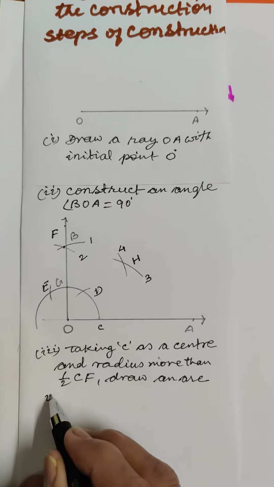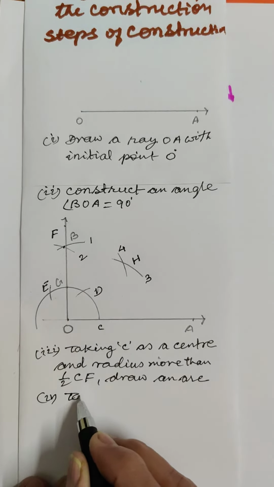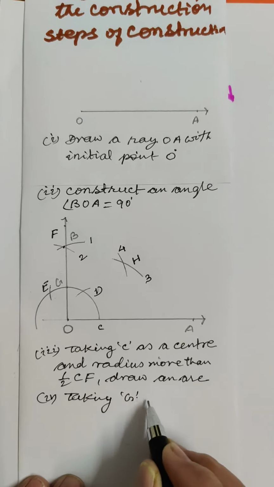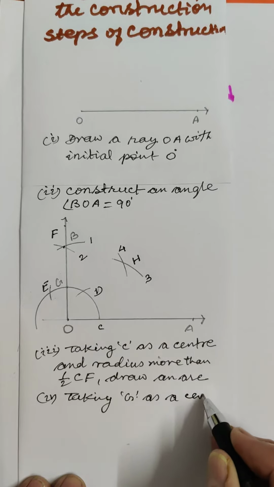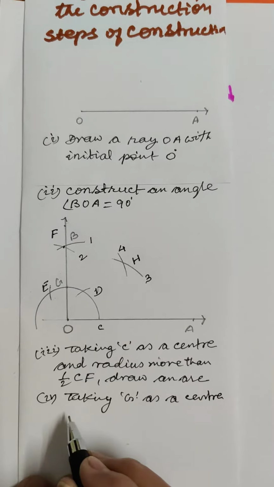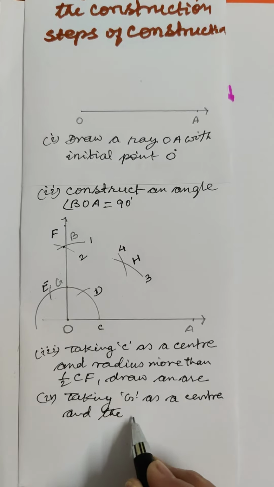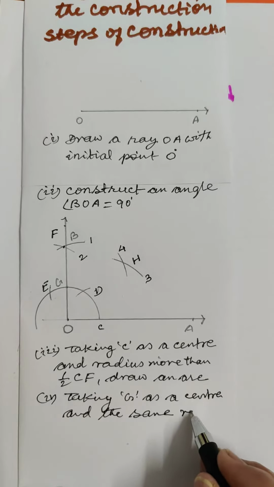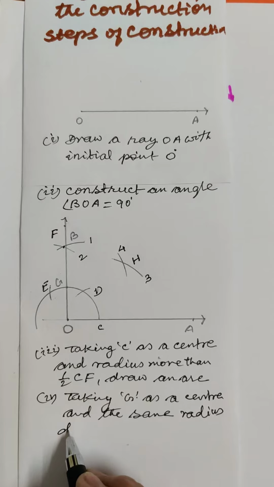Now, taking G as a center and the same radius, draw arc.